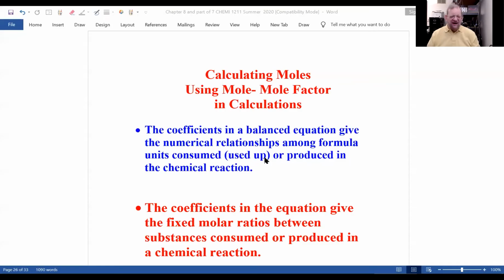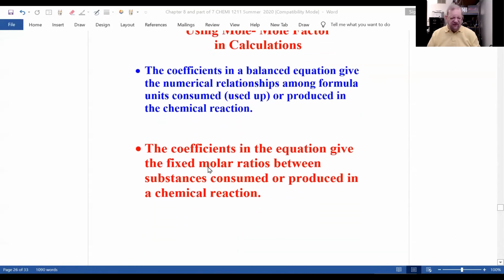What is that? And that is the coefficients in a balanced chemical equation give the numerical relationship among formula units, otherwise known as molecules, or elements consumed or produced in a chemical reaction.